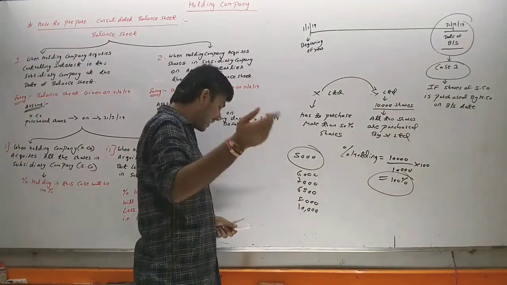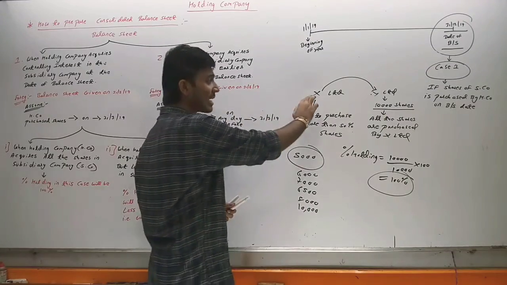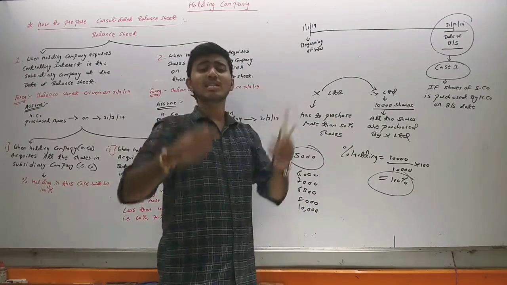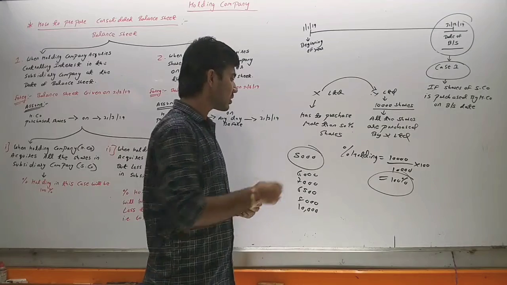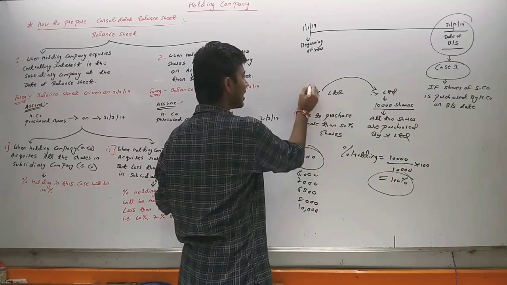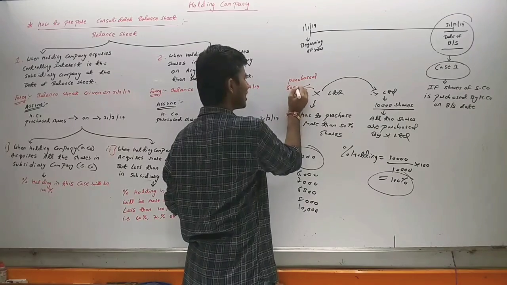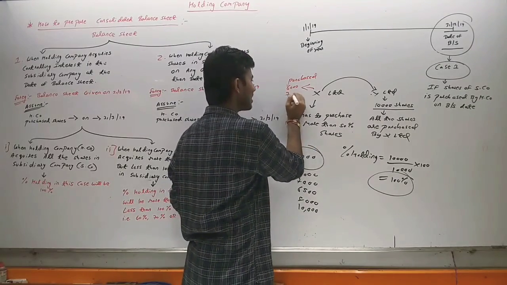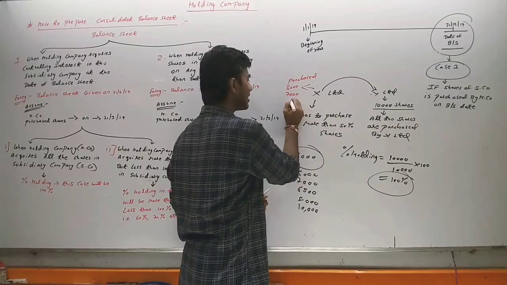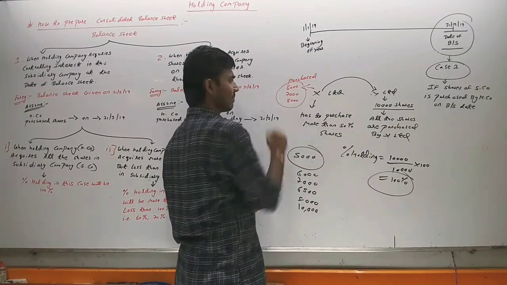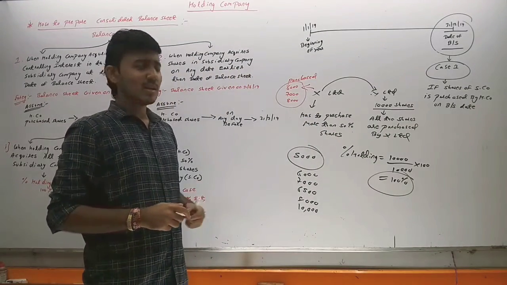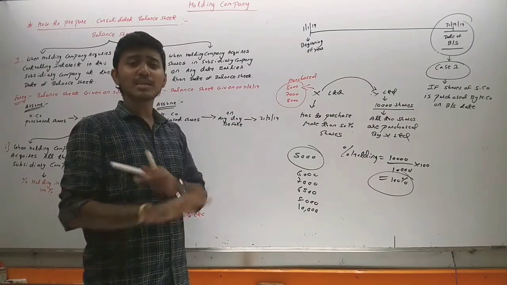But there can also be a case that X Limited will not purchase all the shares of Y Limited. Suppose that X Limited has purchased 6,000 shares, or we can say 7,000 shares, or we can say 8,000 shares. So in this case, X Limited has not purchased all the shares.